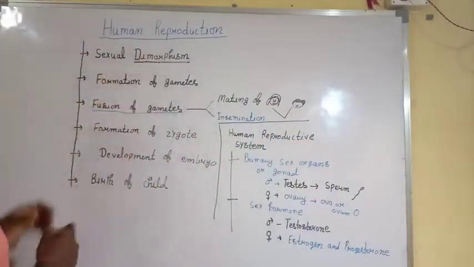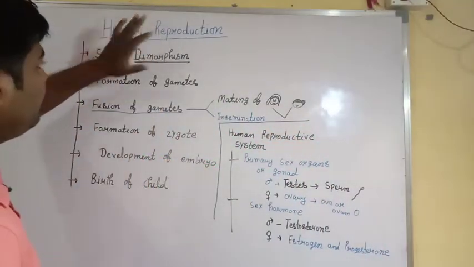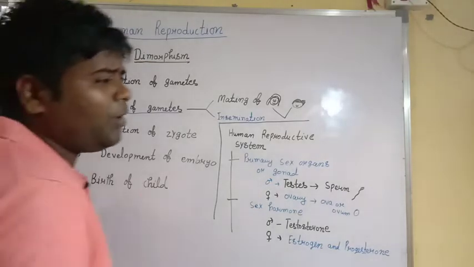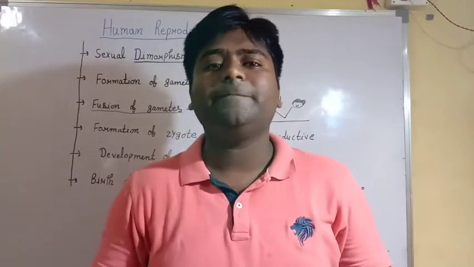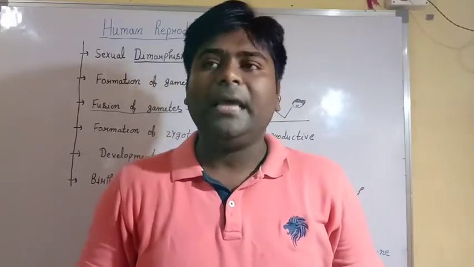Whenever we talk about reproduction, you know that there are three kinds: asexual, vegetative and sexual. In humans we have only sexual reproduction, and there is a condition for sexual reproduction.